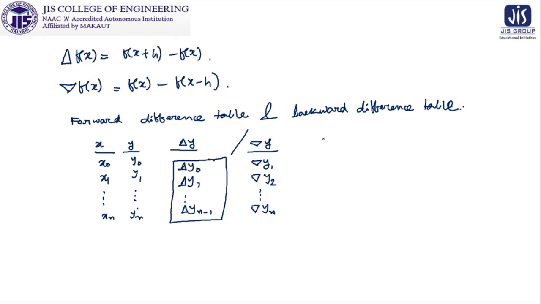In the next case, if we recall, the second order forward difference will start from del 2 y0 and go up to del 2 y n minus 2, and the same values, only from the notational point of view of the backward difference operator, we are going to denote as y2, y3, and it will go up to yn.